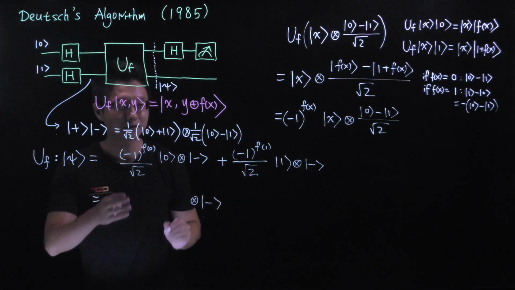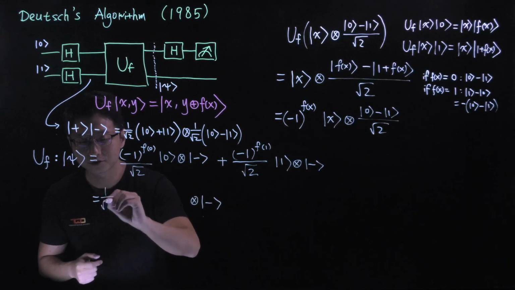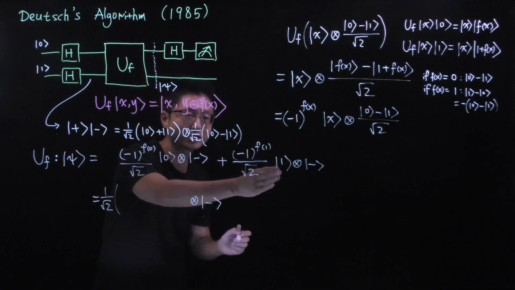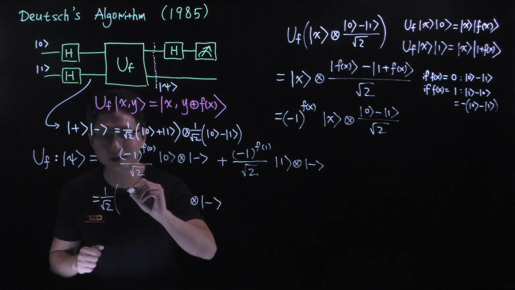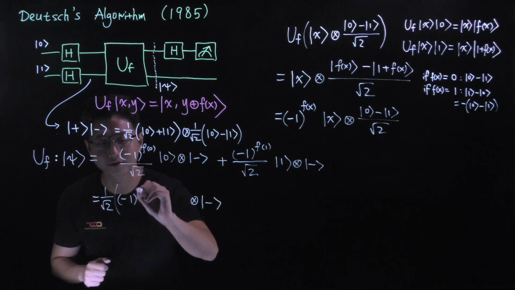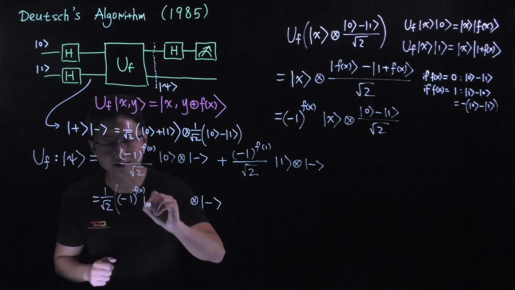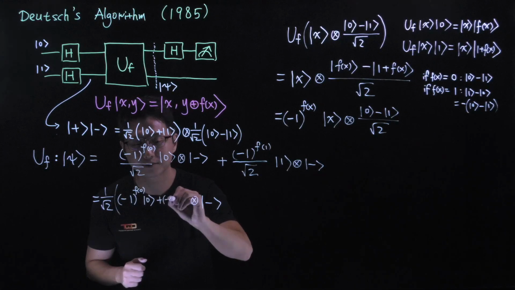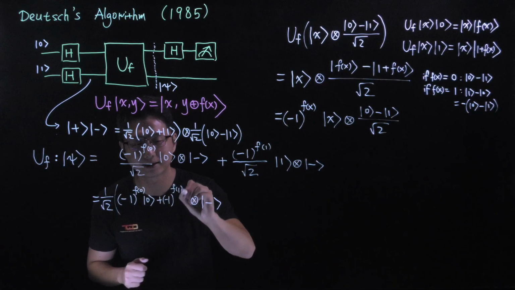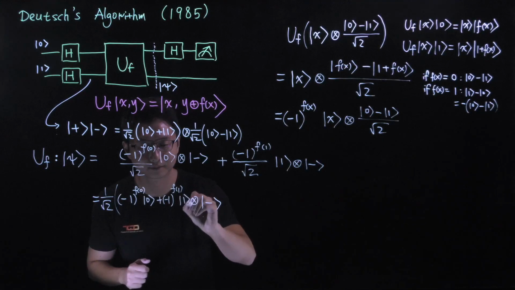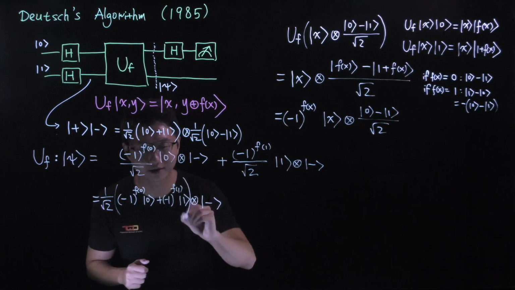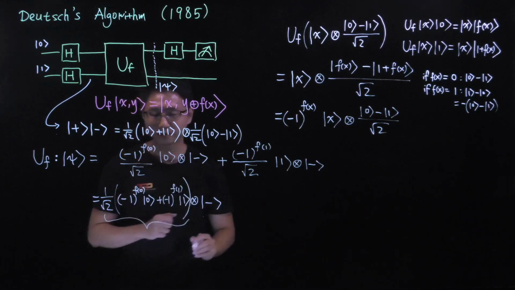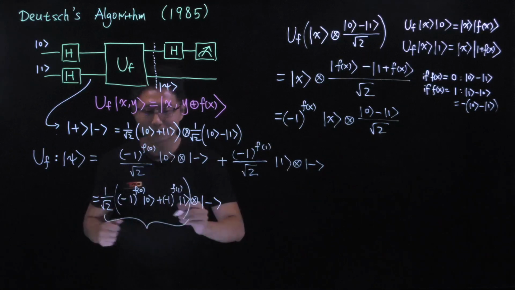Let's write down the first qubit. The first qubit is 1 over root 2, and there is the 0 ket that goes with this coefficient, and the 1 ket that goes with this coefficient, so we have minus 1 to the power of f of 0 with the 0 ket plus minus 1 to the power of f of 1 with the 1 ket. This is the state of the first qubit, and this is the state of the second qubit.